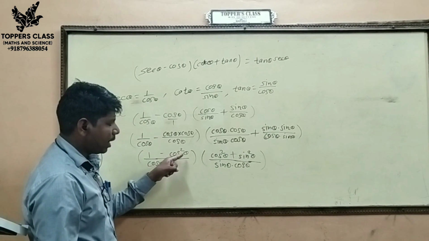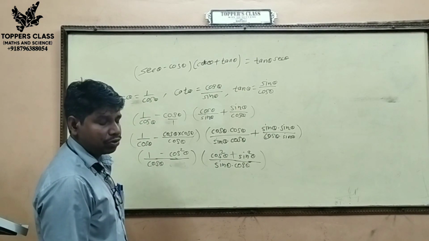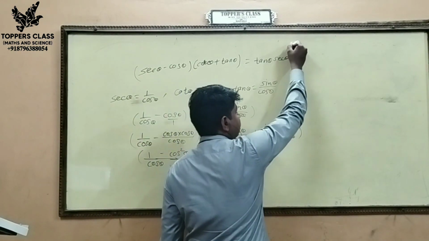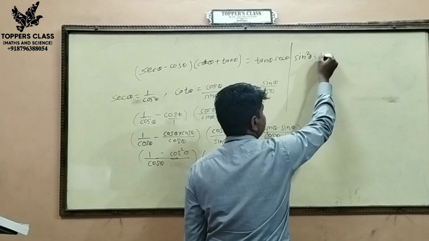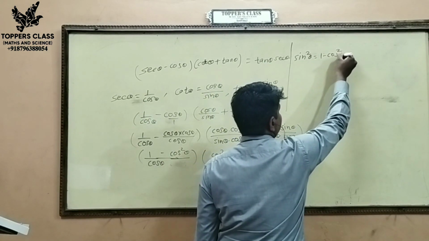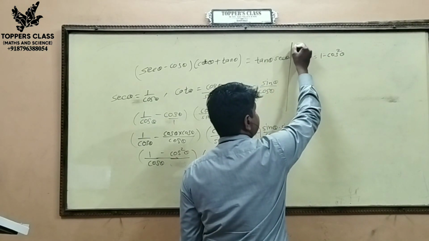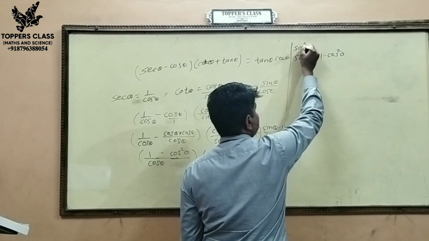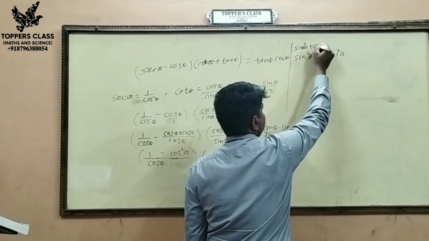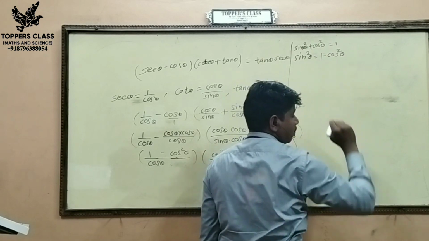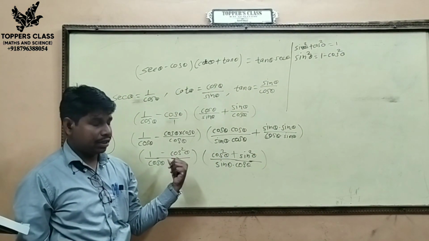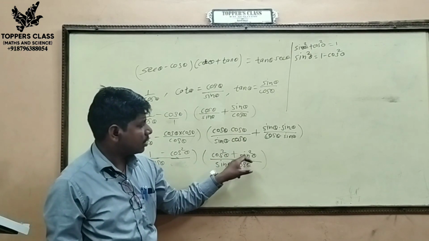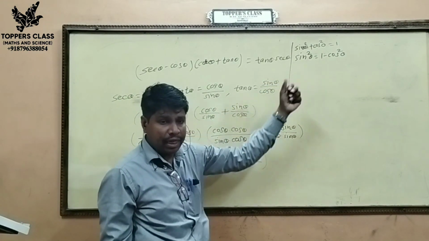So 1 minus cos square theta, already we know some identities, which are that sin square theta is equal to 1 minus cos square theta. By this identity, sin square theta plus cos square theta is equal to 1. This identity we have to apply here. Then cos square theta plus sin square theta also we can apply here.